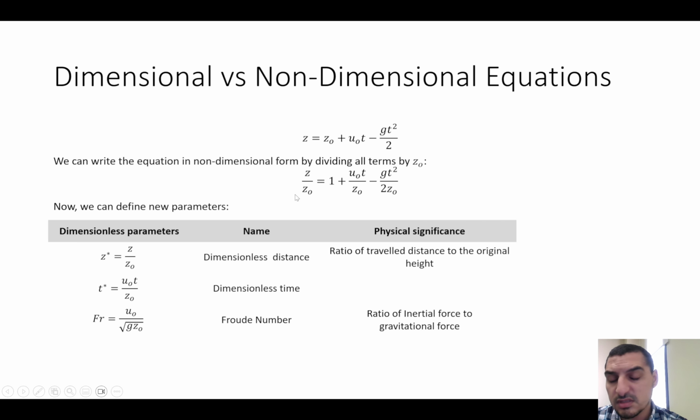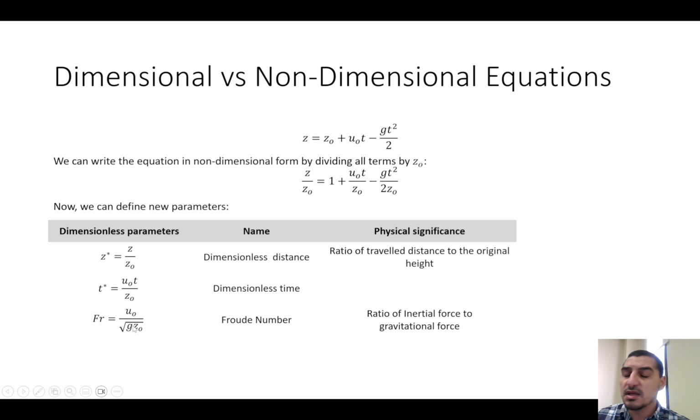So this gives us some insight into the relative travel distance compared to the original distance. u node t over z node is a dimensionless time, t star. Froude number is u node over the square root of g z node. This is called Froude number after the scientist who developed this dimensionless number, and it's a ratio between the inertial forces and the gravitational forces.